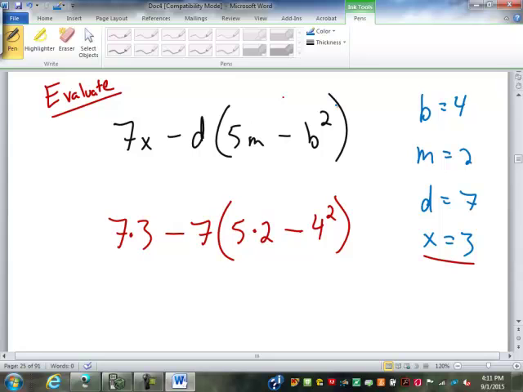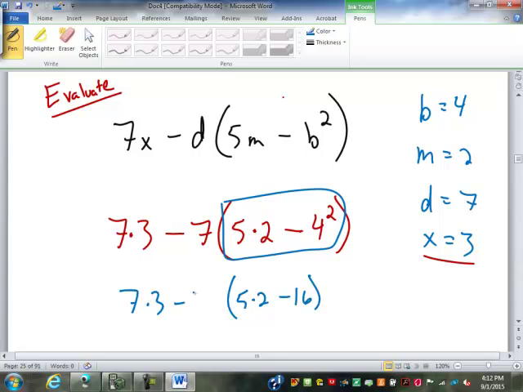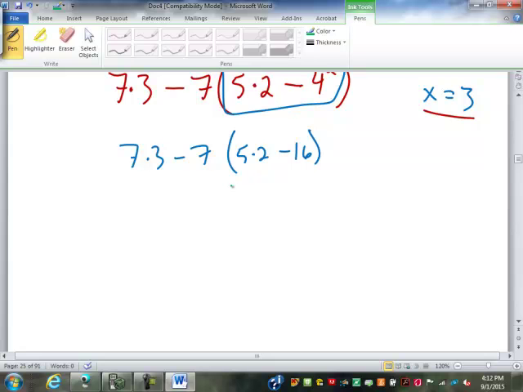And now we can go ahead and do our calculations. We're going to start inside the parentheses. 4 squared is 16. What's next? 5 times 2 is 10.